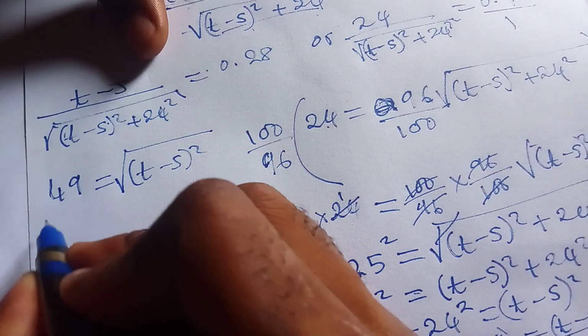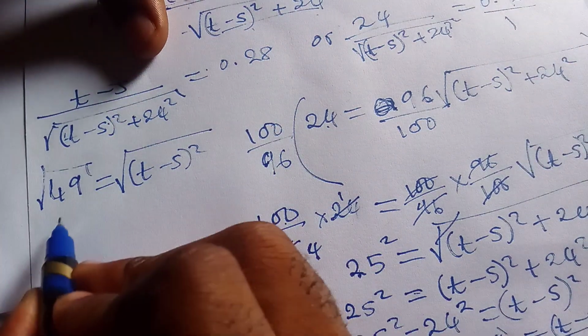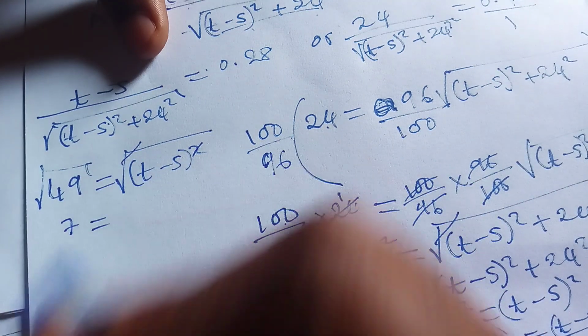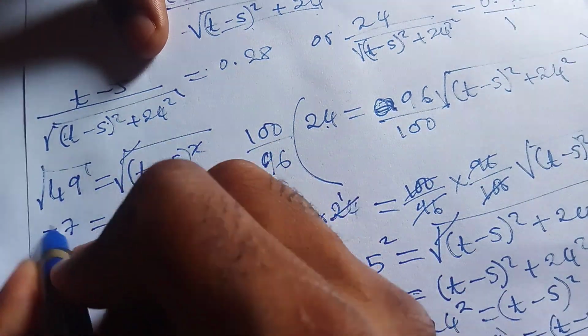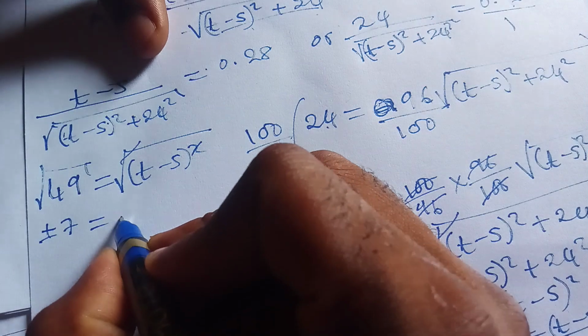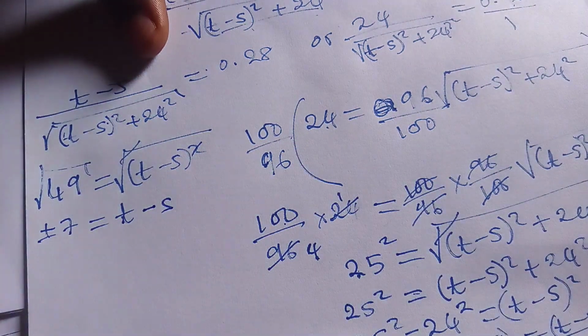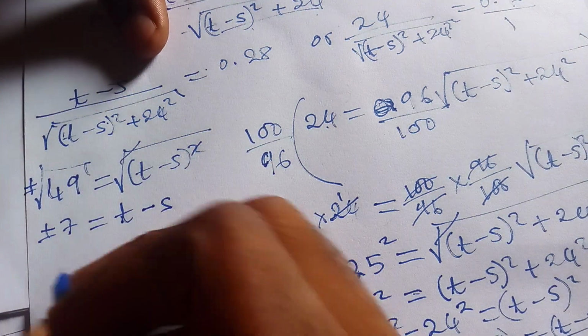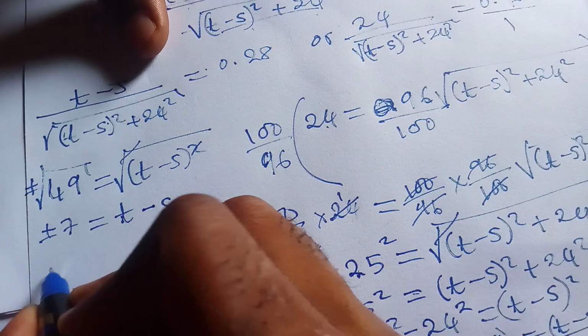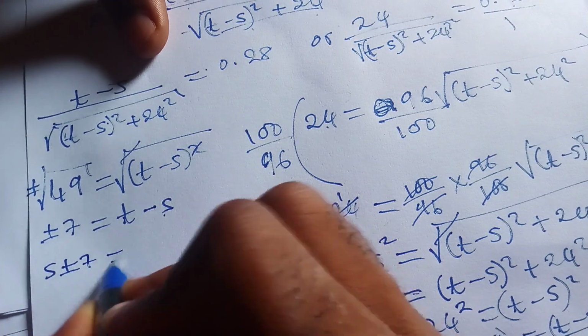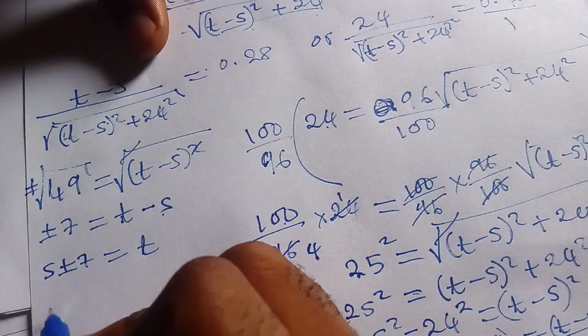So we take the square root of both sides. The square root of 49 is 7, and then the square and the square root will go. Actually, this is plus or minus 7. And then to solve for t, we can bring this to this side so that we have 5 plus or minus 7 is equal to t.